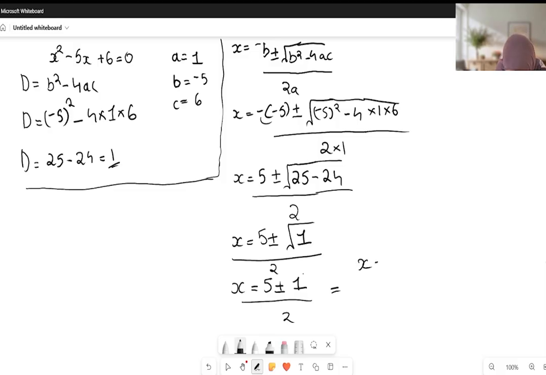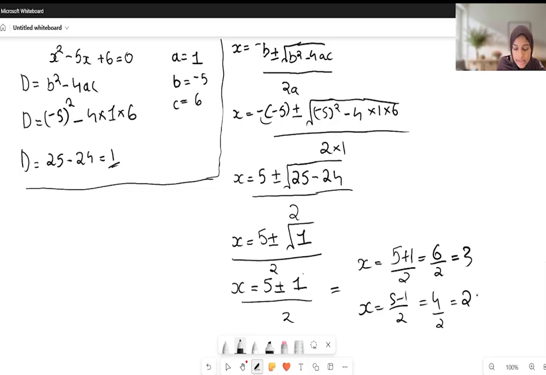So x is equal to 5 plus 1 by 2, which is 6 by 2, which is 3. Okay. Now let's do the minus. So x is equal to 5 minus 1 by 2, which is 4 by 2, which is 2. So we got our two roots as 3 and 2.